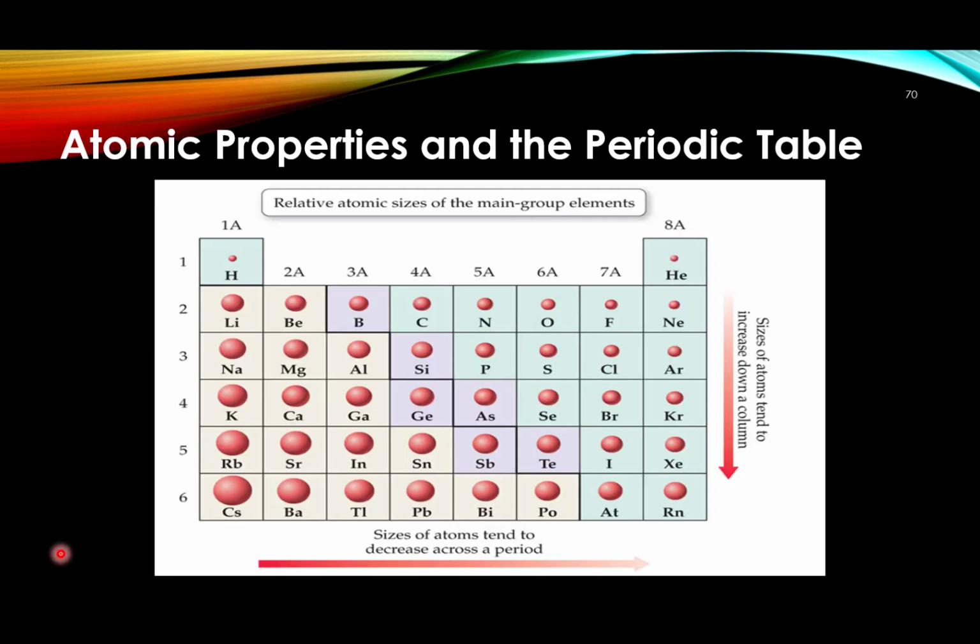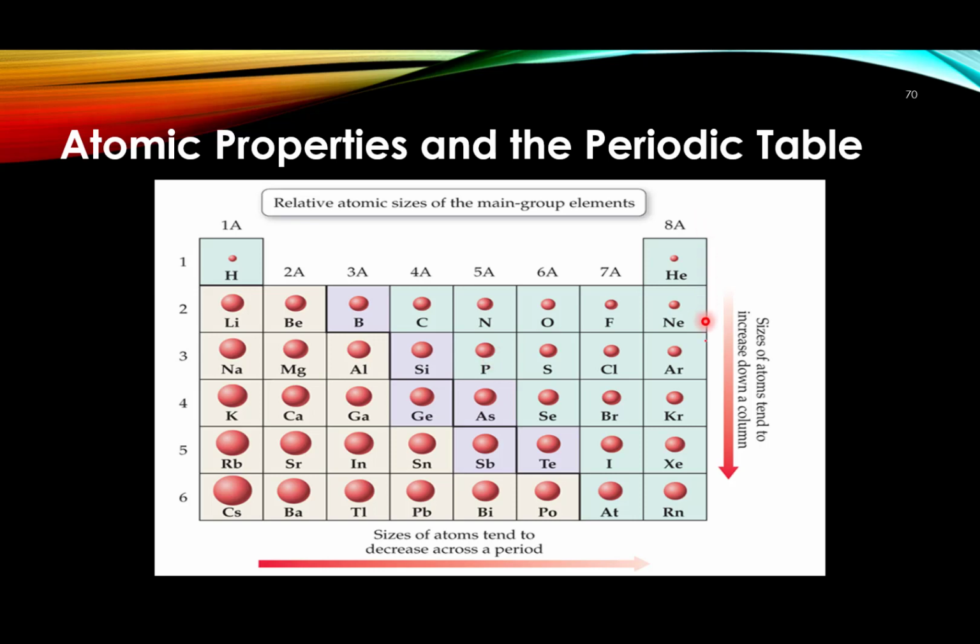One more time, for atomic size, within the same period, as we move from left to right, the atomic size decreases. Why? Because the number of protons, or the atomic number, increases. There is a higher pull between the nucleus and those valence shell electrons.